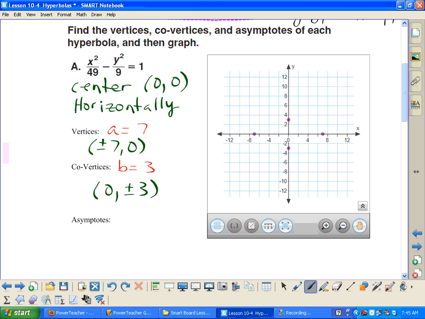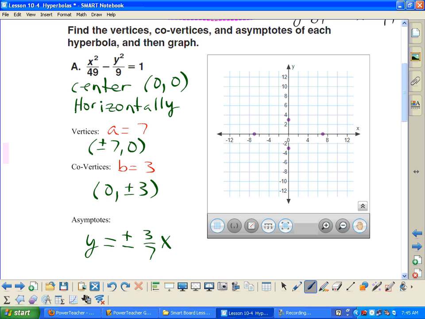Then the asymptotes are going to be y equals, since h and k are both 0, I don't need them, y equals the change in y over the change in x. In this case, the change in y is b. The change in x is 7. So we'll have plus or minus 3 over 7 x.